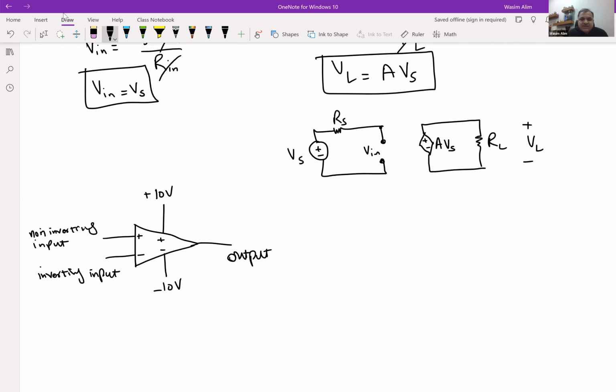Now, in terms of the circuit schematic, circuit symbol or representation there, internally it's connected like this. You have the input resistance, and then you have the dependent voltage source connected to ground.